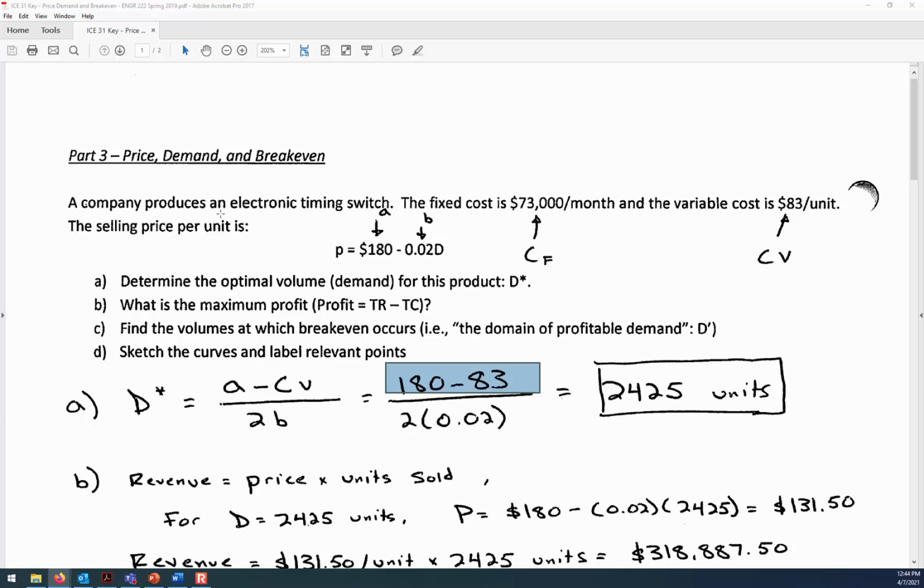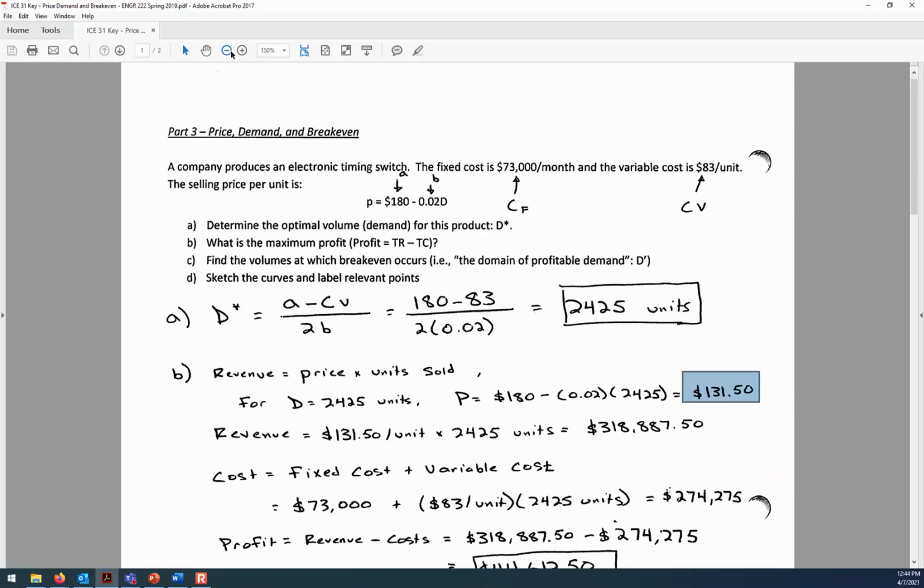Now the maximum profit is going to be the revenue minus the costs. If we're selling 2425, we can find out the selling price associated with that. The revenue is simply the selling price at a certain level of production multiplied by the number of units sold. So we'll have incoming $318,887.50.